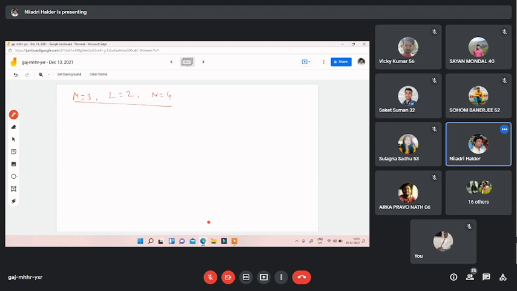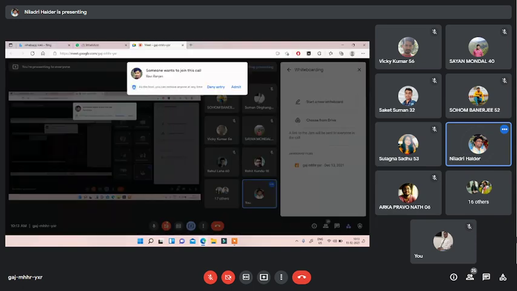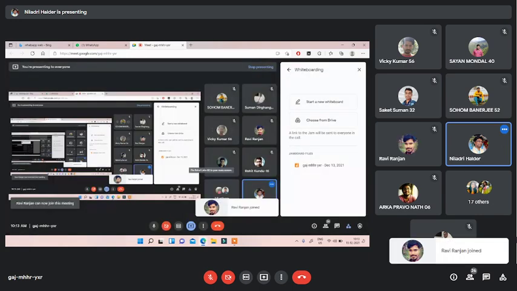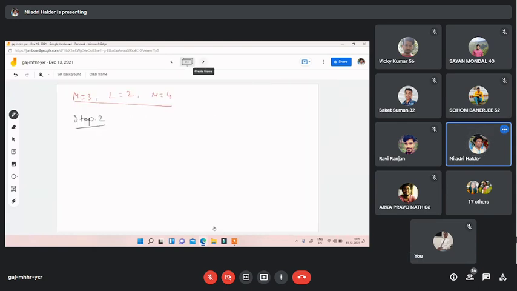Now in step 2, you will first split that xn into different sets by considering these three values.